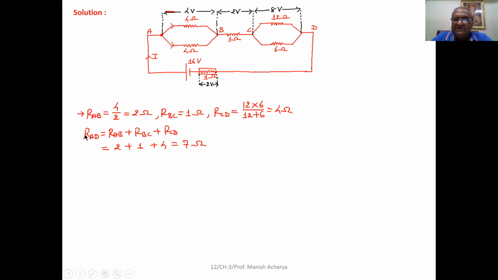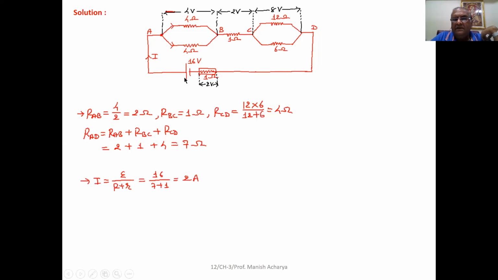So resistance across AD is resistance AB plus resistance BC plus resistance CD. So 2 plus 1 plus 4, that is 7 ohm. So this is the resultant resistance between A and D. Clear to all of you up to this one?